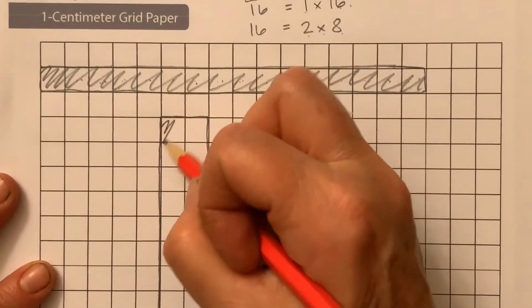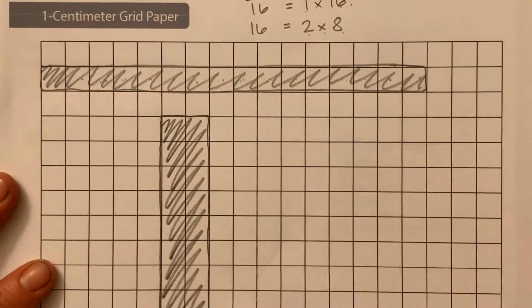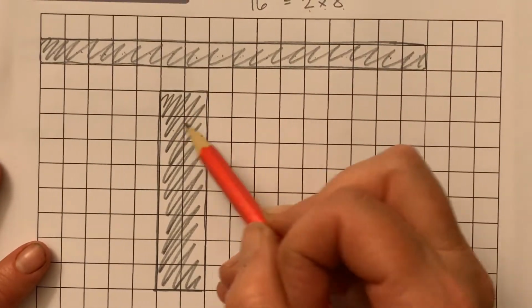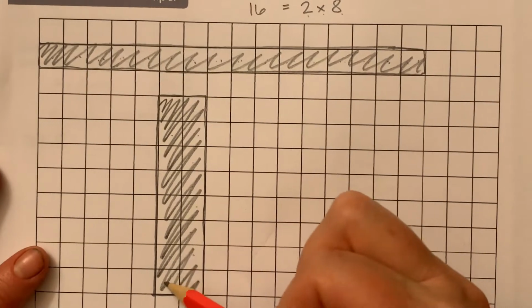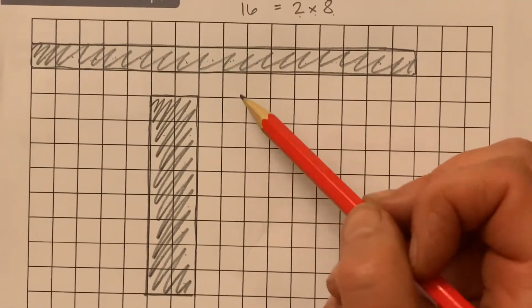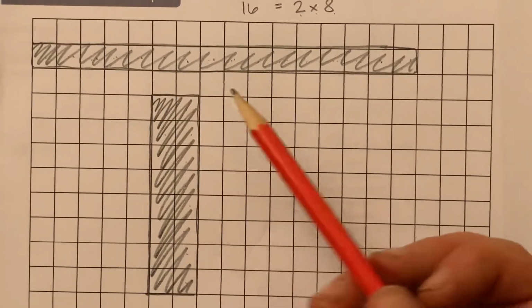Okay, so here's our big rectangle. And does our rectangle have 16 square units? 1, 2, 3, 4, 5, 6, 7, 8, 9, 10, 11, 12, 13, 14, 15, 16. It does. So now I have drawn 2 other rectangles that have an area of 16.